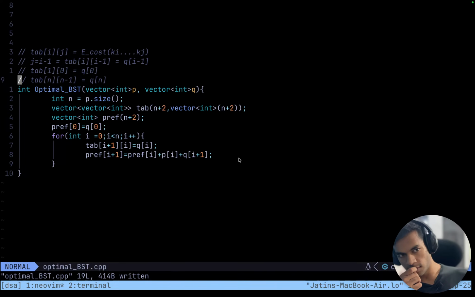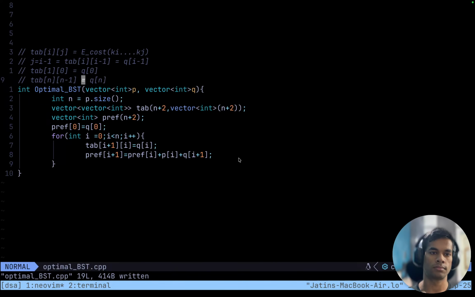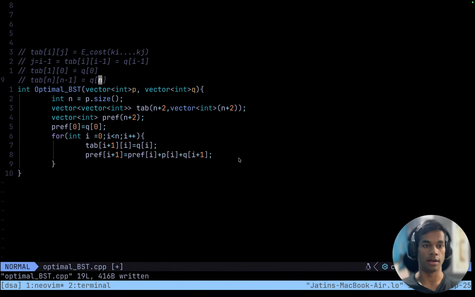There is something wrong with this. N minus 1 is not the maximum value that I can have. The maximum value that I can have should be n plus 1. Yep.